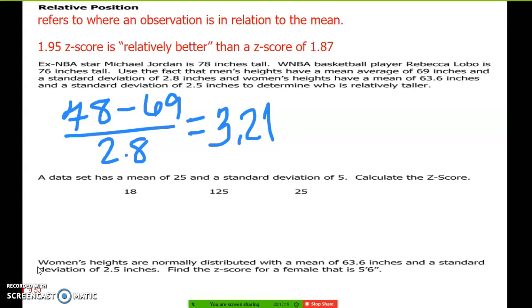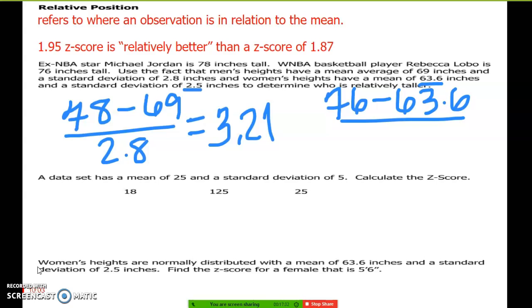And then let's look at Rebecca Lobo, who is 76 inches tall. Mean height for women is 63.6 inches, and standard deviation for women is 2.5. So let's find her z-score. Divide by 2.5, we get 4.96. Okay, so here is Michael Jordan's z-score.